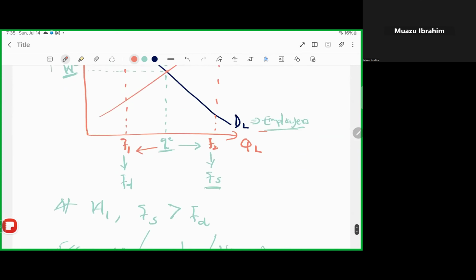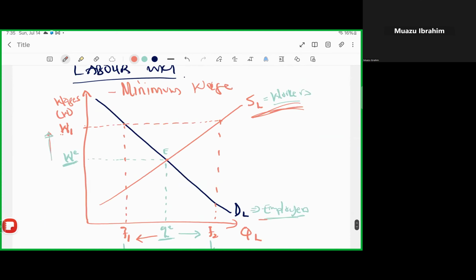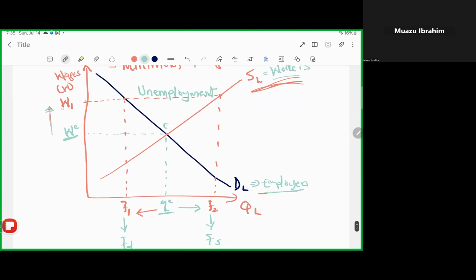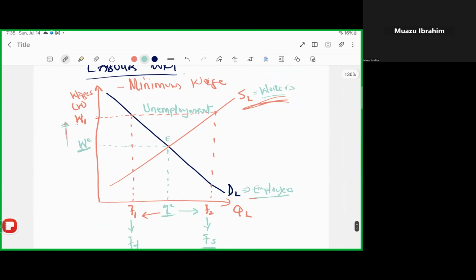So let's look at these key dynamics. This is the level of unemployment in the system caused by the minimum wage. Who caused it? The government, because government increased the minimum wage. Now, when you look at this situation, there are several dynamics that you can see.